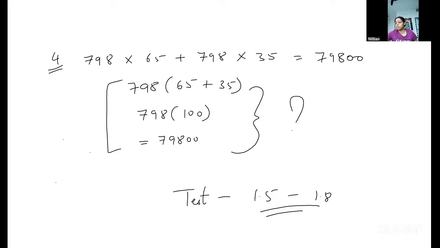So 1.5 to 1.8 test on Friday. And what about the science test, lesson 3? Thursday? Then can we keep it next week?